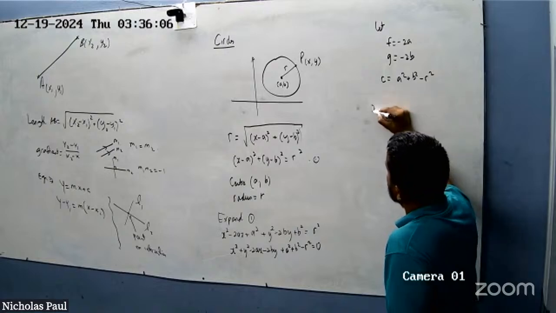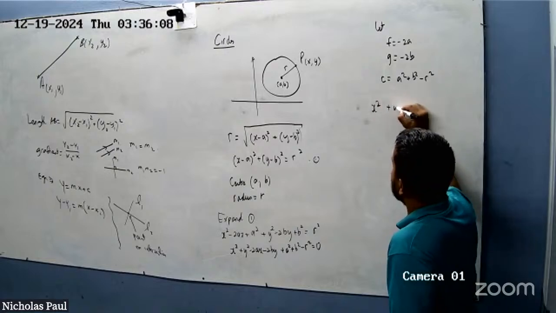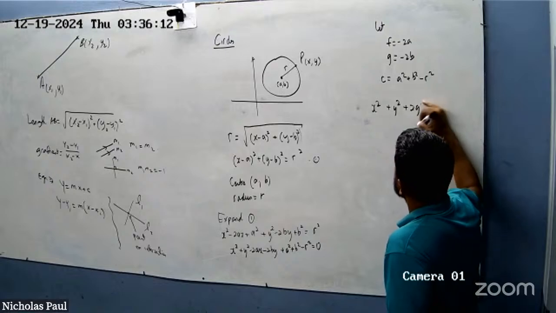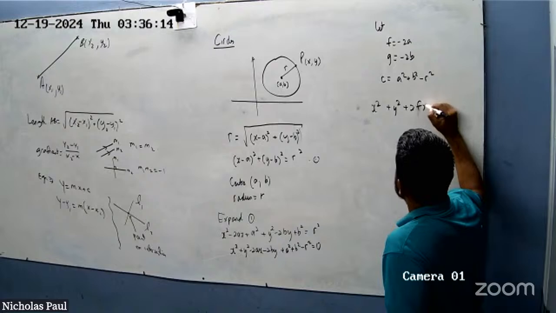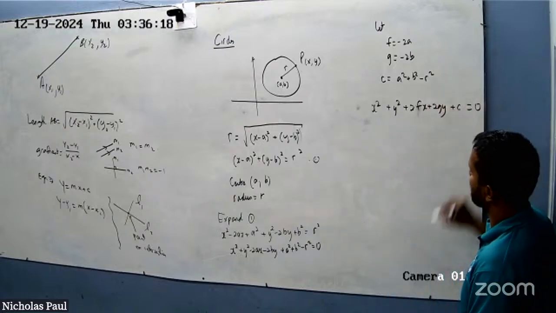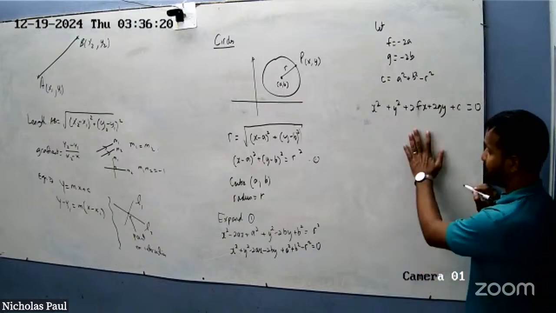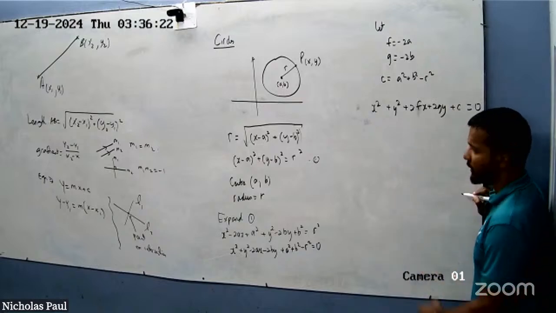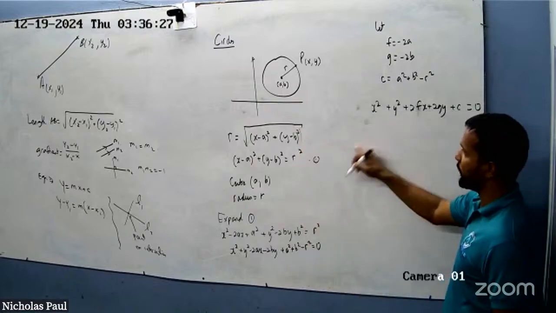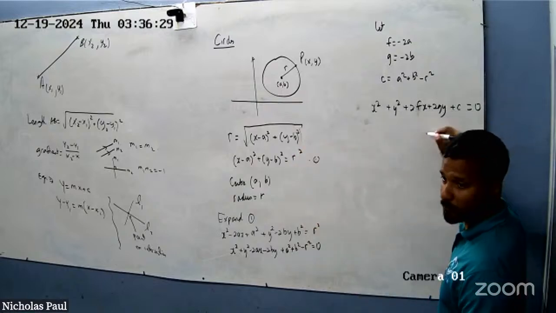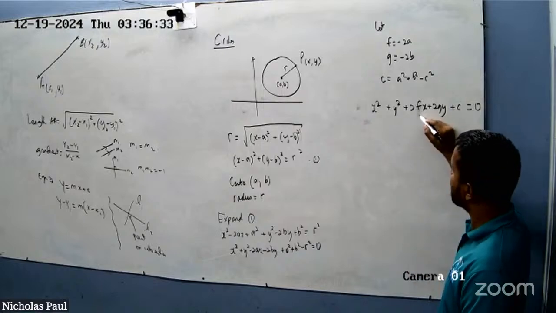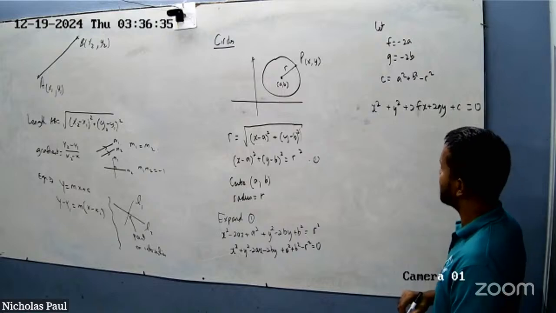So the formula might look something like this: x squared plus y squared plus 2gx plus 2fy plus c is 0. There's one standard and one general, but these are the two equations of the circle. From this you have to be able to find the center and the radius.